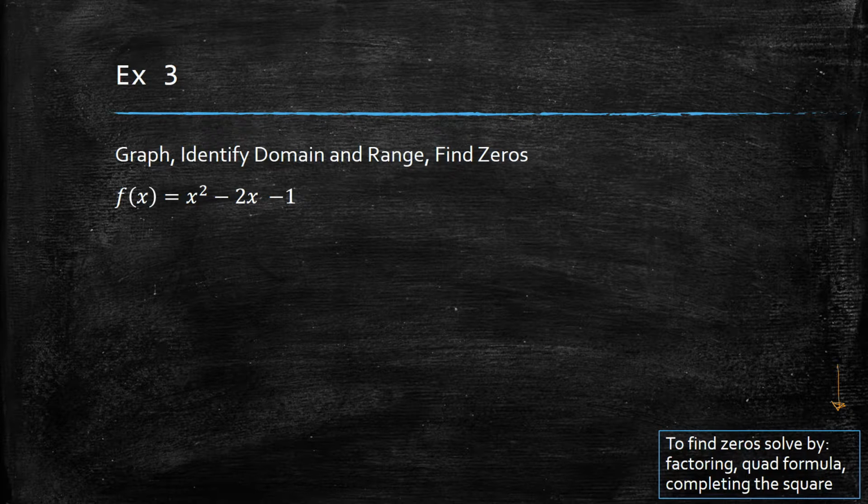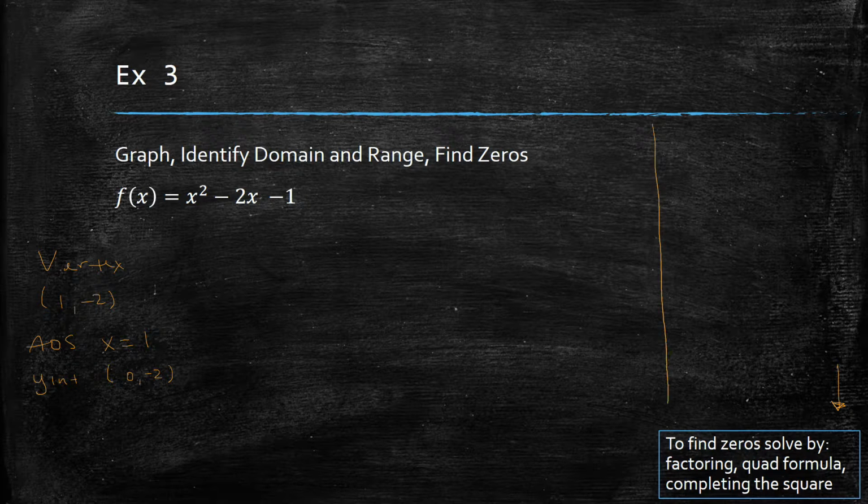Now this is the example from the previous page. If you didn't write it down, we know that our vertex is at (1, -2). Our axis of symmetry is the vertical line x equals 1, and our y-intercept is at the point (0, -1). Okay, so let's go ahead and graph that.